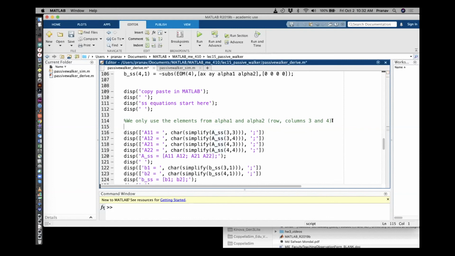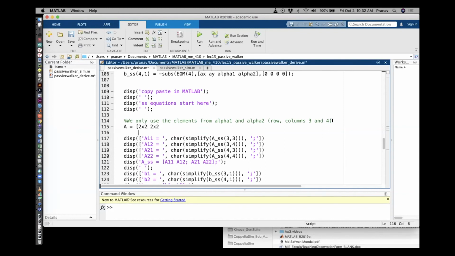So A is something like this. There's an entry here, 2 by 2, 2 by 2, 2 by 2, 2 by 2.